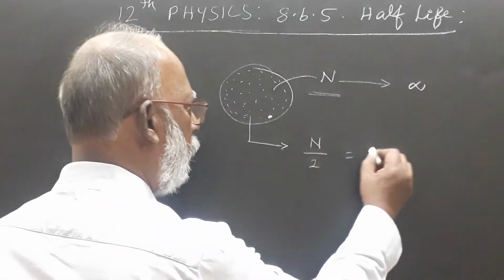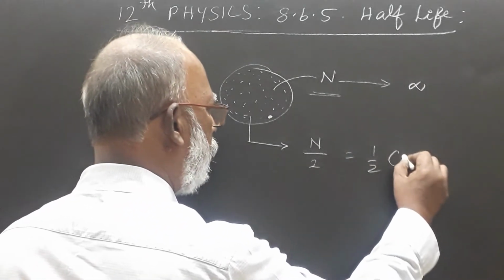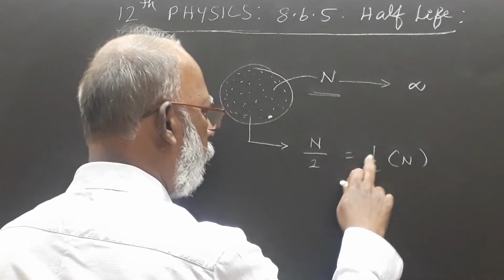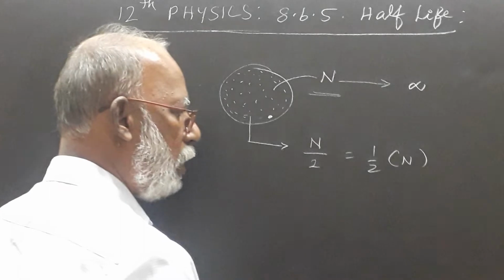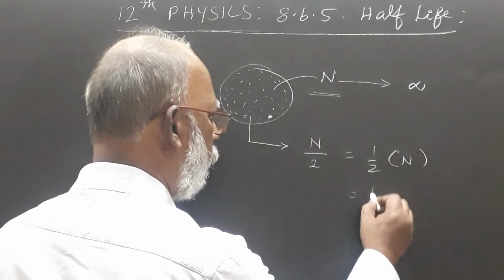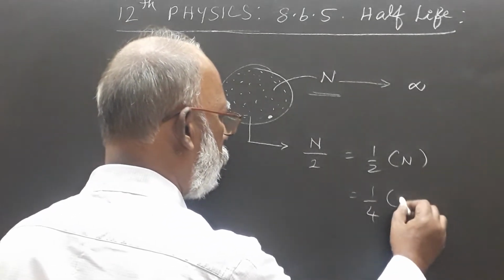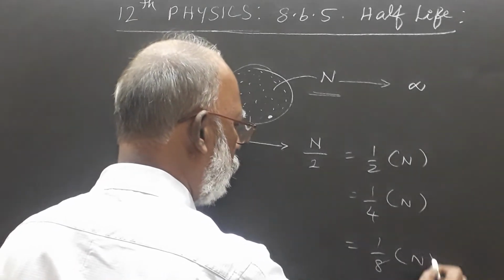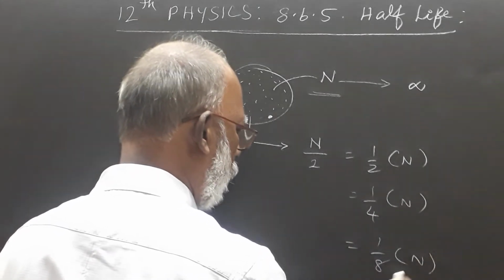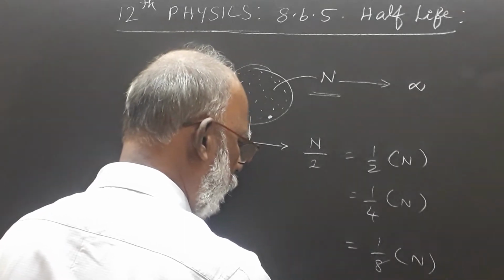That is 1 by 2 of the total sample, or 1 by 4 of the sample, or 1 by 8 of the radioactive atoms, or 1 by 16.